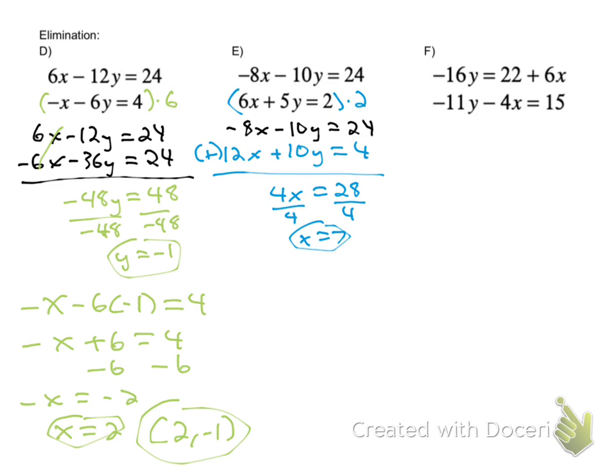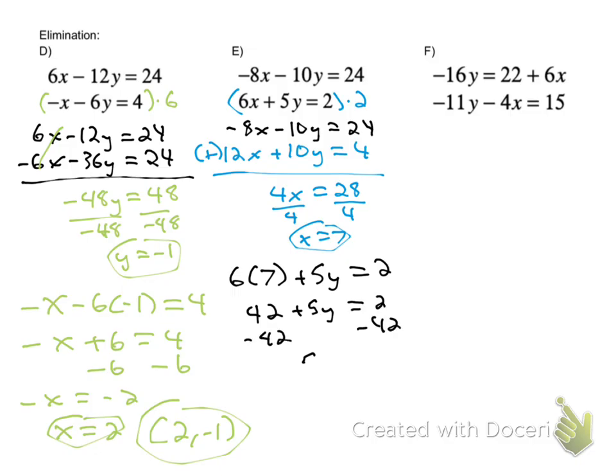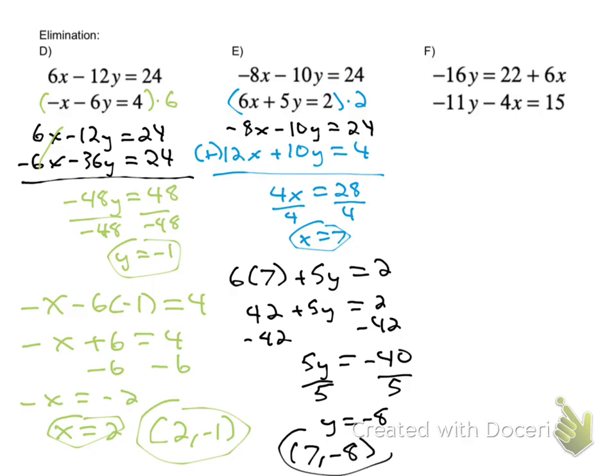Plug that back in. I'm going to plug it into the second equation. So that'll be 6 times 7 plus 5y equals 2. So that gives me 42 plus 5y equals 2. Subtract 42. 5y equals -40. Divide by 5. Y equals -8. So that answer is 7, -8.